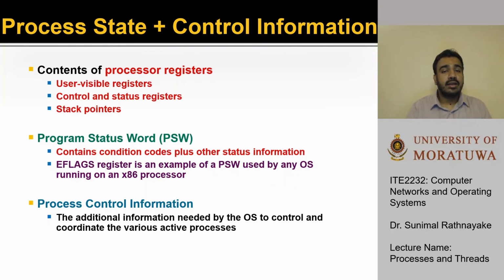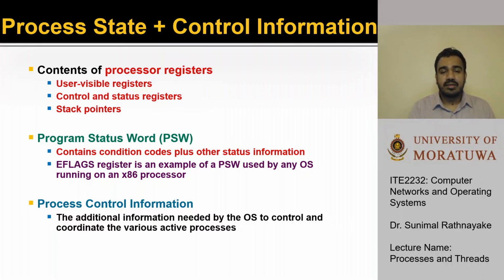Process state and control information. So contents of the processor registers are user visible registers, control and status registers, and stack pointer. So we have a special register called the program status word, PSW, which contains some condition codes and some other status information.